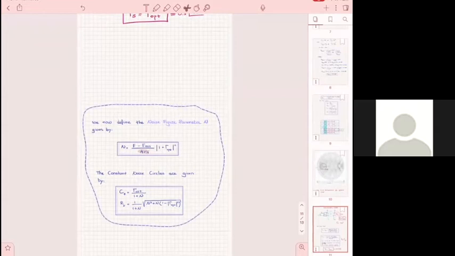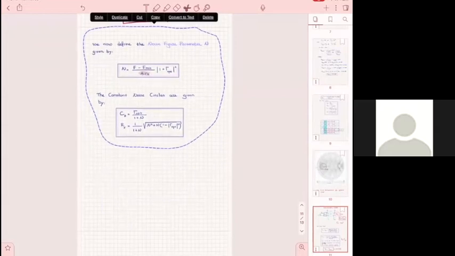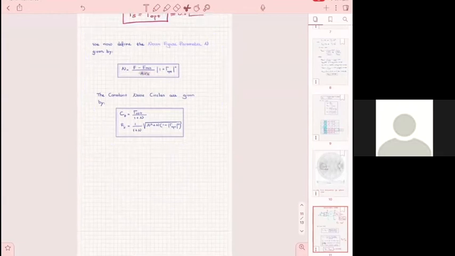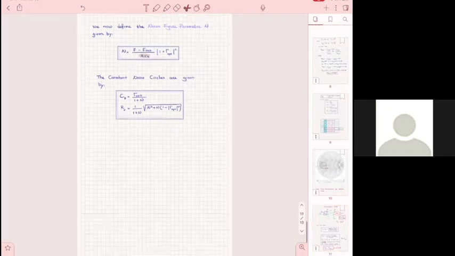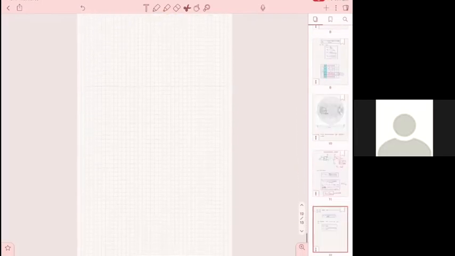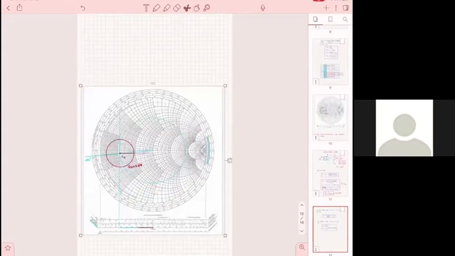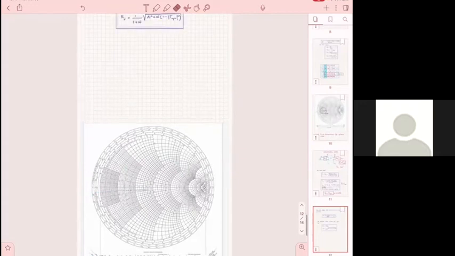It's the same like any other circle you do, but you have different equations. For the noise circles, it's the same procedure as the gain circles, correct?